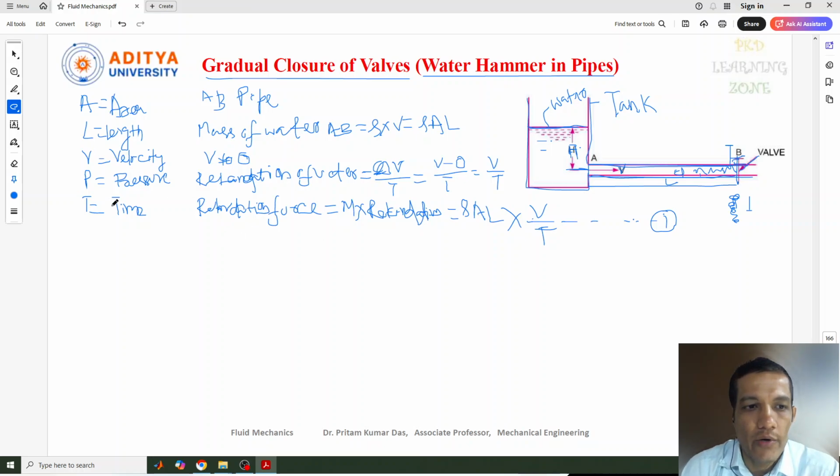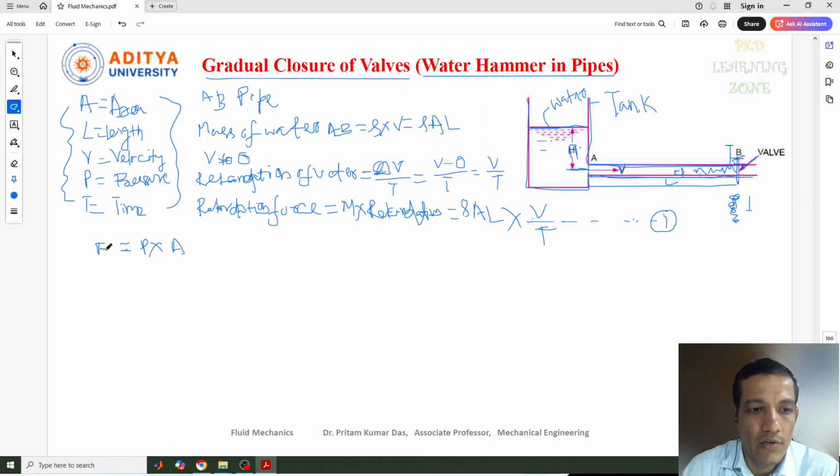Now as I told you, the intensity of pressure P is formed when we are closing the valve fully and a pressure wave is produced. So the force due to this pressure wave, which is created, we can write as P into area.